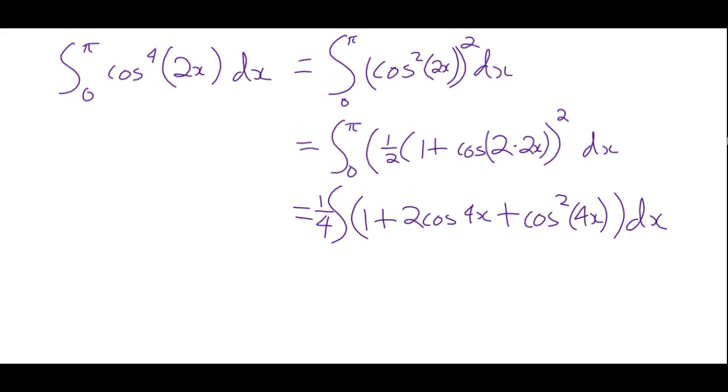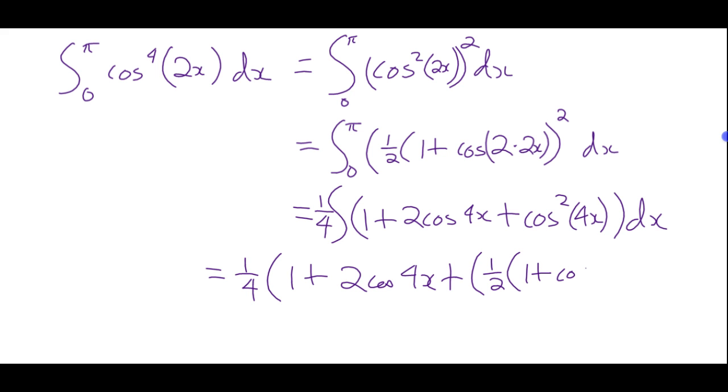Okay, so we'll get rid of that cos squared and give us something that's easy to integrate. So 1/4 of 1 plus 2 cos 4x plus 1/2 of 1 plus cos 8x dx.